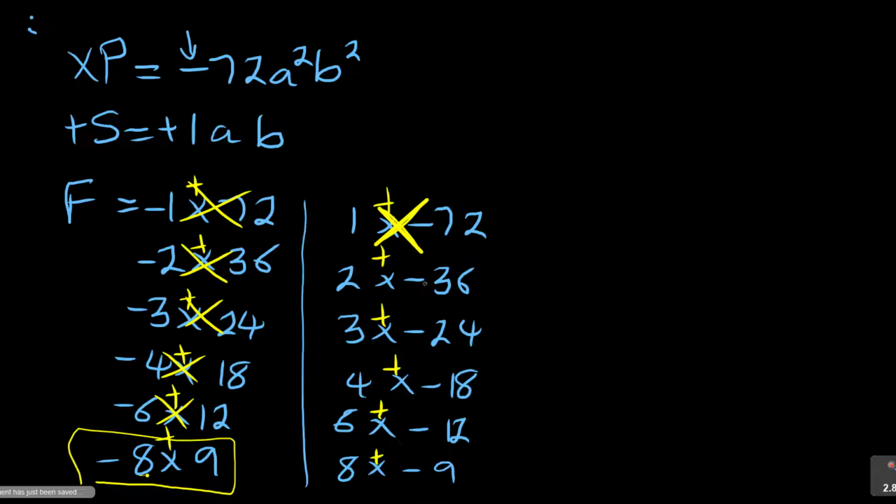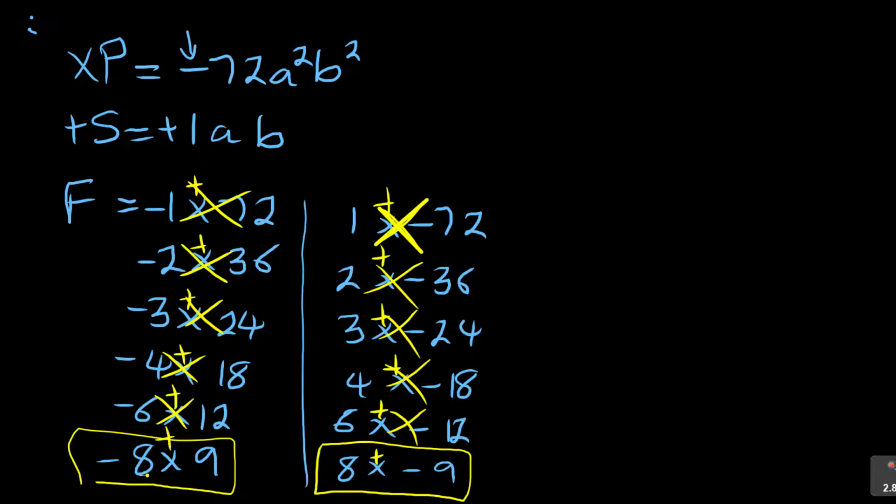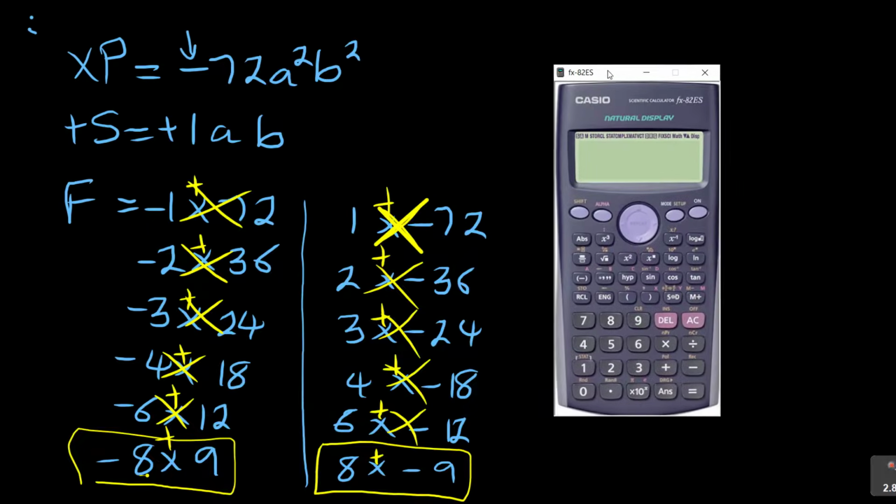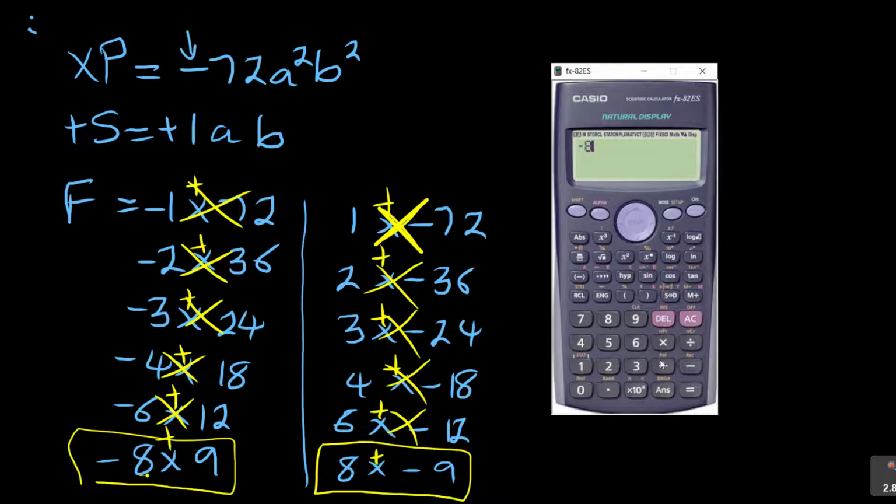Now let's take the calculator and investigate those two. The first one is negative 8 plus 9. It gives me a positive 1. And the other one is 8 plus negative 9.